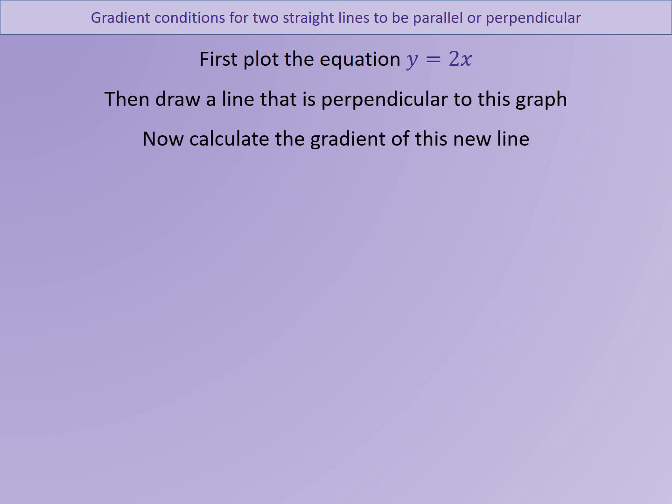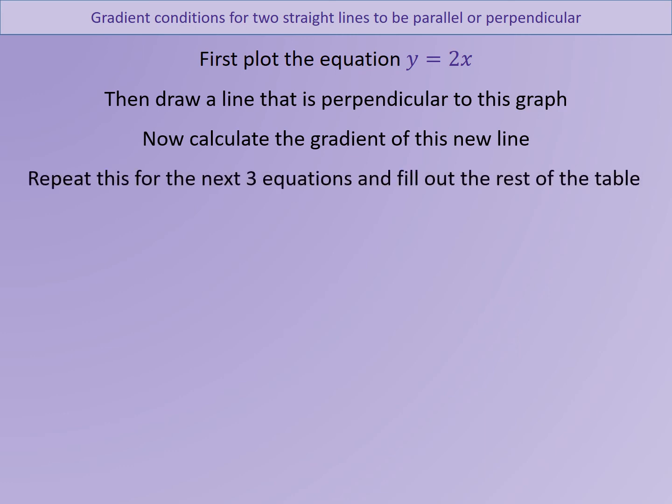So on your square paper again, or whiteboards, it is good practice to be plotting these graphs. So y equals 2x. We know what y equals 2x looks like. We know that it is going through the origin. We know that it has a gradient of 2.